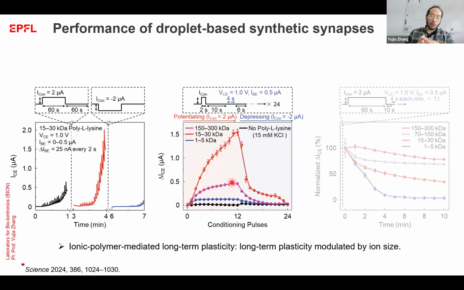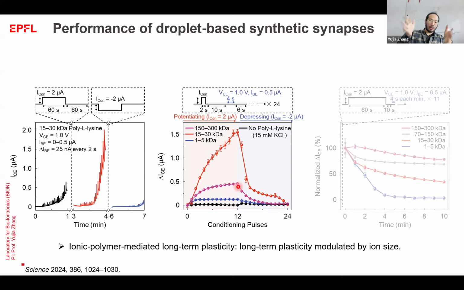However, if we further increase the molecular weight of polylysine from 15 to 30 to 150 to 300 kilodalton, we see the modulation effect, the difference between these two curves, decrease slightly to a middle range, but it's more stable. This is because for larger polylysine, it gets harder to insert them into the middle base droplet by just applying an input voltage or current.